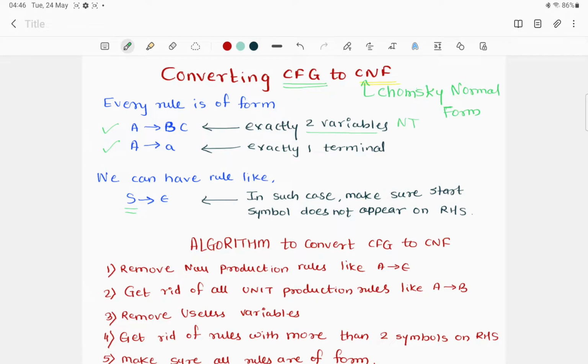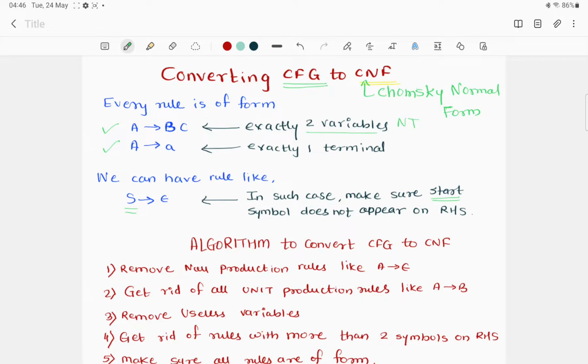If I have a grammar which is giving S as epsilon, I should make sure that the start symbol does not appear on the right hand side of any production. So that we have to adjust properly. Now this is all about the rules.